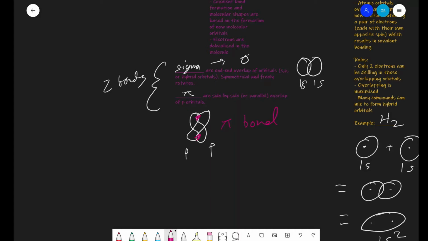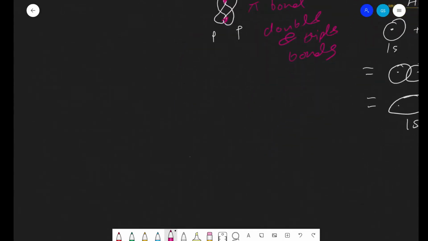So sigma bonds are end-to-end overlaps, and pi bonds are side-by-side. Pi bonds are responsible for double and triple bonds, and you'll see in a second why. So that's basically it. There are two kinds of bonds, and now we're going to see how electrons delocalize themselves so that they can bond.